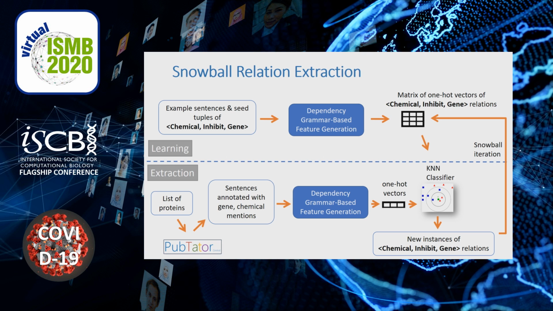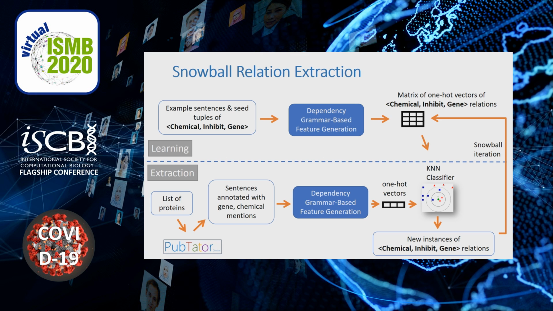In the extraction phase, a list of protein names is given to a public tool called PubTator, which searches PubMed and generates sentences that are annotated with gene and chemical mentions. Again, these sentences are parsed to generate a series of one-hot vectors, one for each sentence. The vectors are then compared with the seed matrix produced in the learning phase for close matches using the k-nearest neighbor identifier.